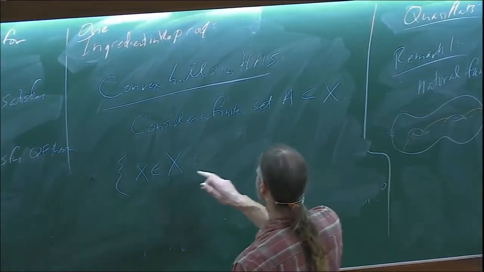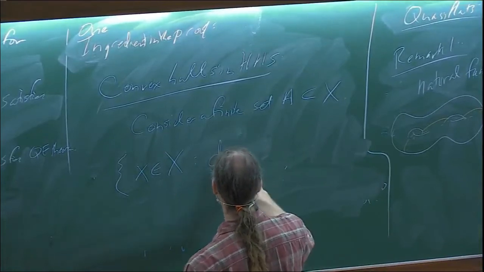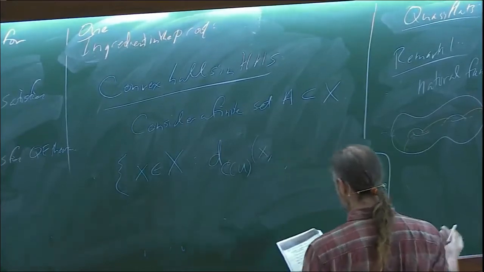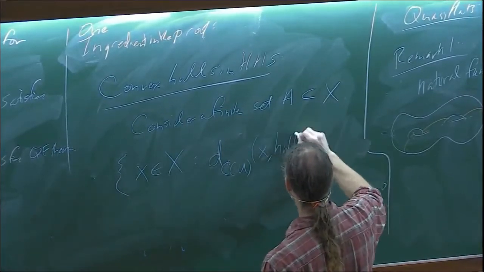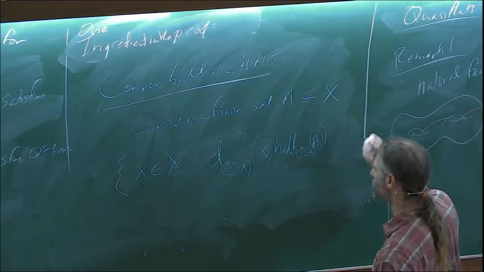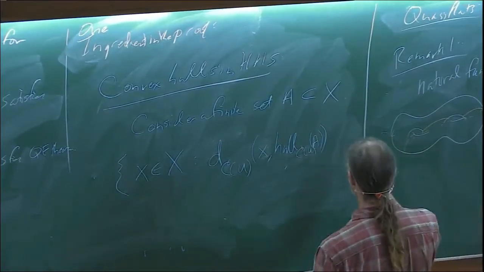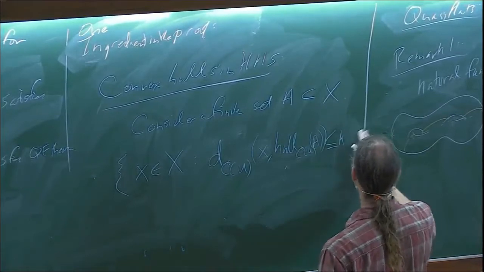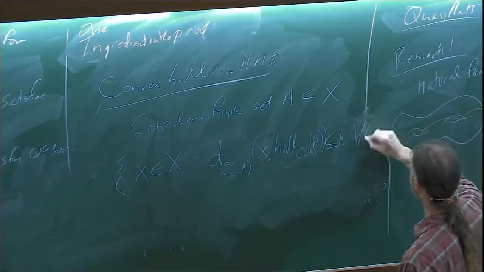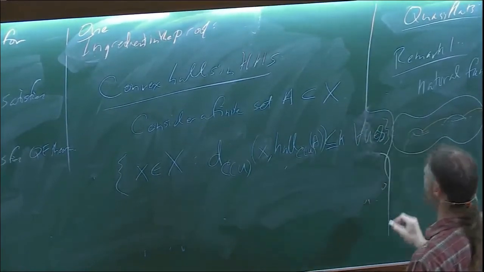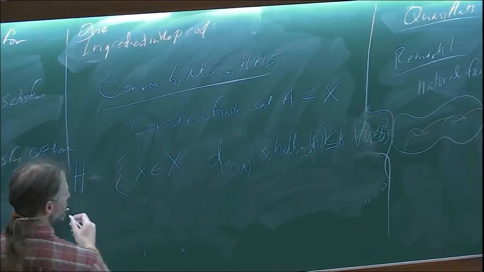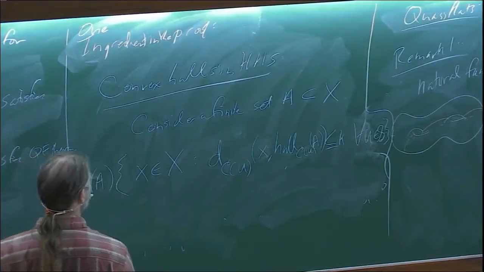This is the set of all x in X such that the distance in C(U) between x and the hull inside C(U) of A is bounded by something, less than or equal to K, for each U in script S. Okay, there's a lot of notation there, so let me help you parse this. I'll call this the hull sub K of A. All right, so what does this mean?